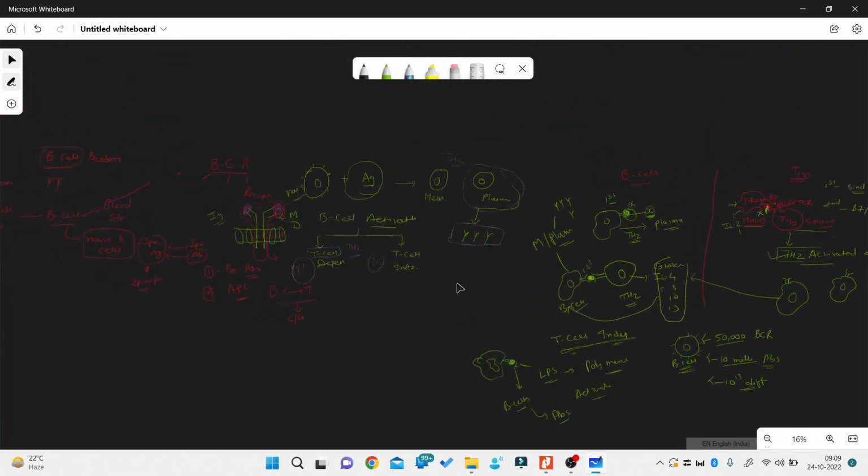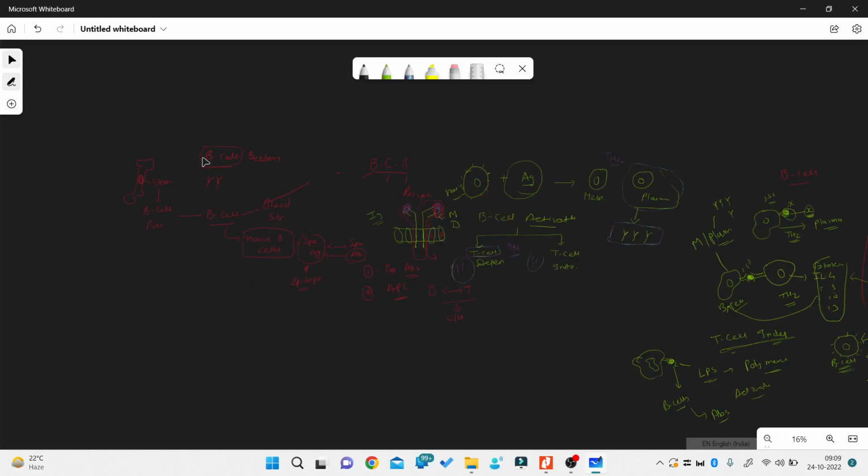So, a simple recap. B cells are mainly produced by the stem cell present in the bone marrow. This stem cell produces B cell precursors, then B cell precursors become B cells. Then maturation, and those B cells you will find in your bloodstream, where they are the naive B cells because they never came into contact with any antigen until that moment.